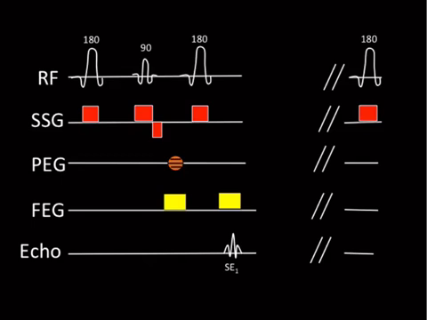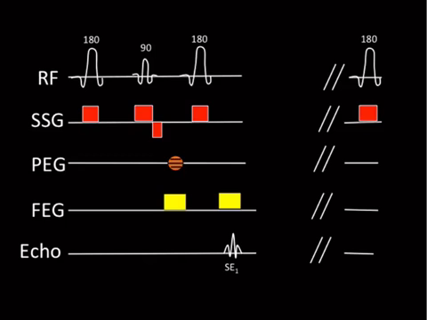Basically, instead of starting with 90 degrees, you start with 180 degrees, and they refer to this as a preparation pulse. So you wait for relaxation of the thing that you want to saturate. That could be water, fat, myocardium, any number of things. Once it's at its null point, then you deliver a 90-degree pulse.